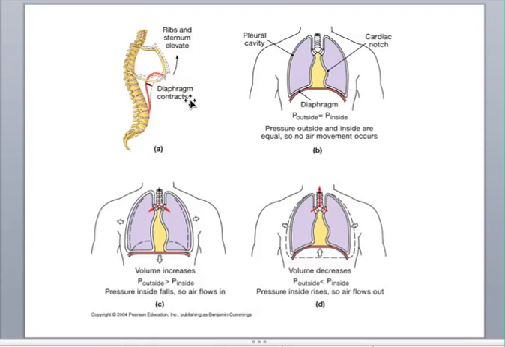And you can see that the diaphragm starts out here, and then it flattens and becomes lower. It's gone from this upper position to flattened, and it's increased the volume of the lung, of the thoracic cavity.